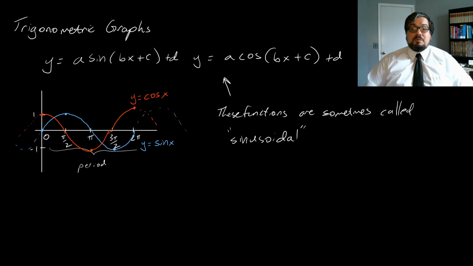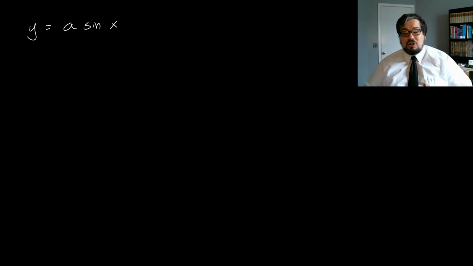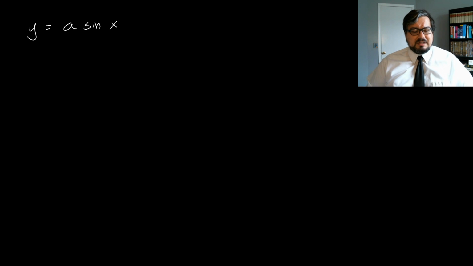So let's start with a. Let's look at the graph of y equals a sine x. The arguments and examples we use for sine are pretty much all going to apply to cosine as well. So for the most part, we'll just stick with seeing what happens with sine and briefly touch on cosine.